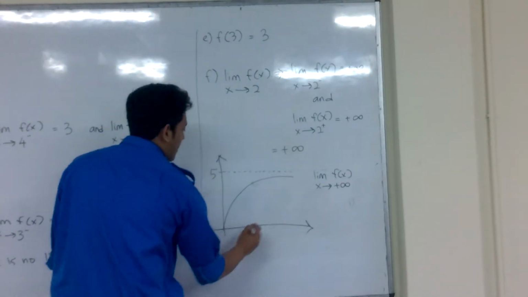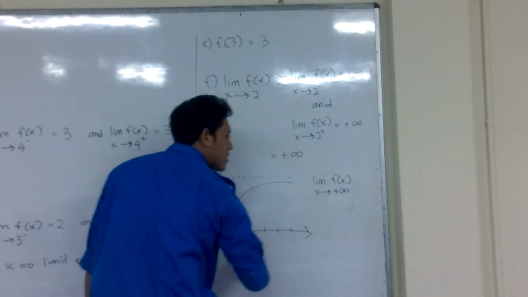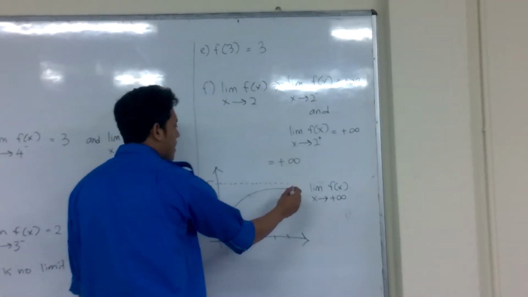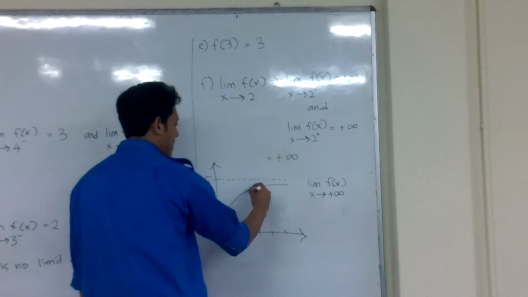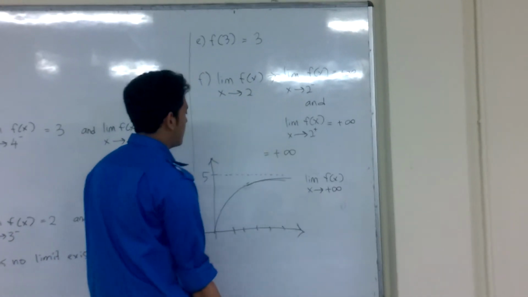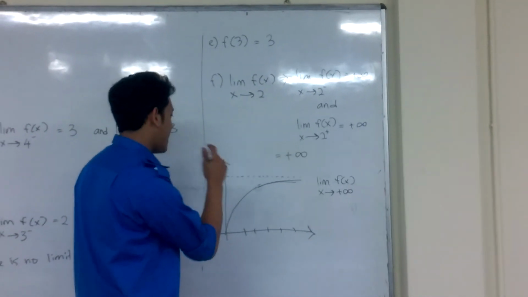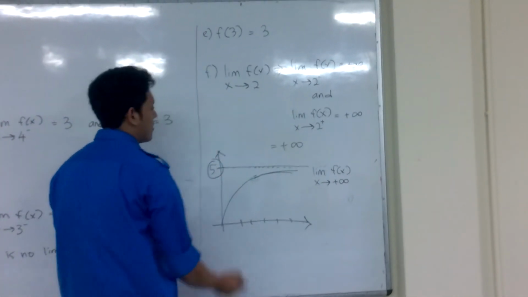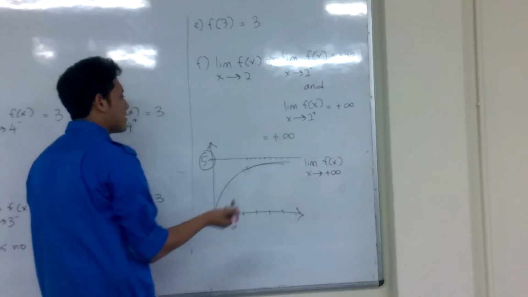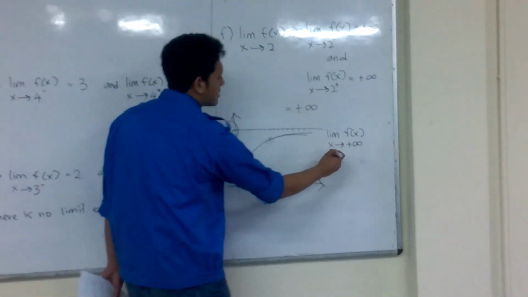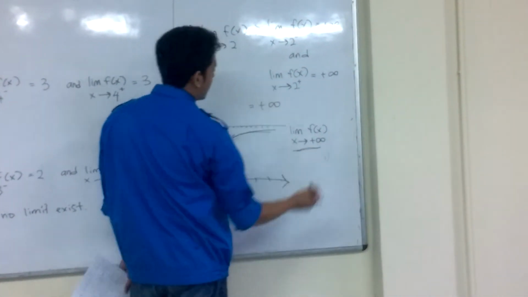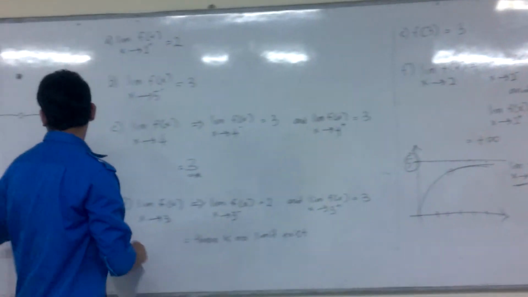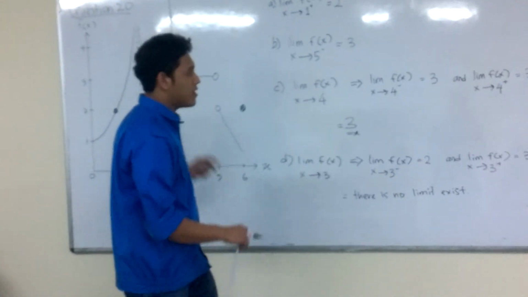This means that the value of x is approaching infinity, and we can see the graph is approaching one limit, which is the value 5. This is for if x approaches infinity. Different from this case. That's why the value of infinity is on the x.